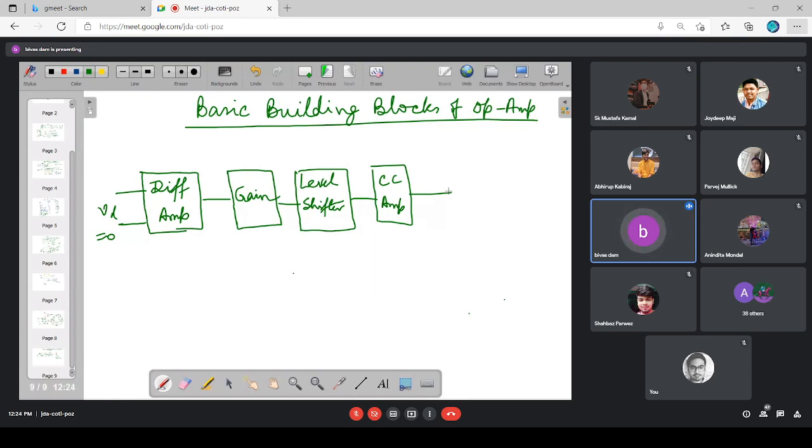But while discussing the 4 basic building blocks of the operational amplifier, have I ever talked about any DC voltage source, hypothetical voltage source, or fixed voltage source to be present inside these blocks? No, sir. But practically this operational amplifier may not produce 0 output for the 0 input difference voltage. Where can it go wrong?